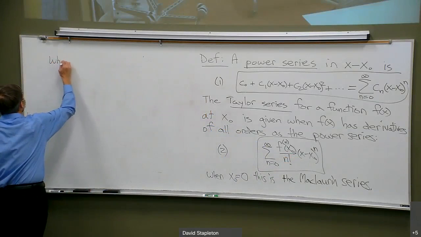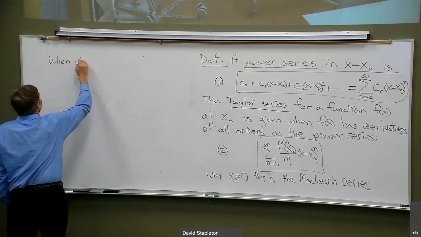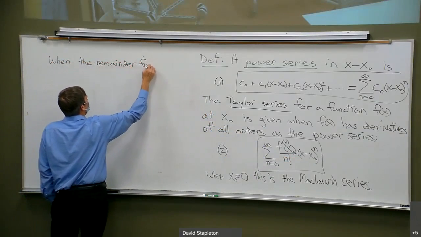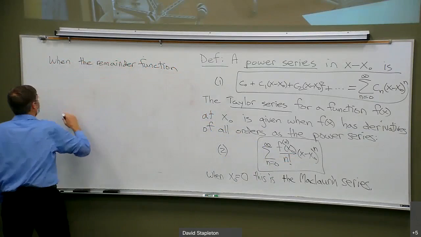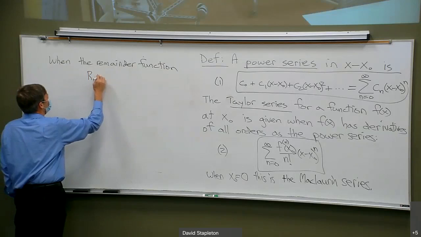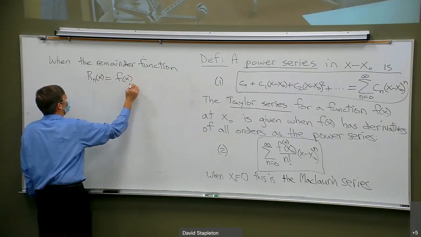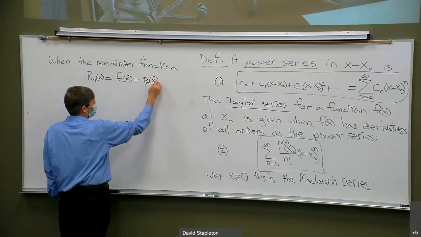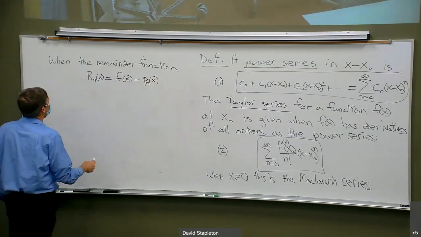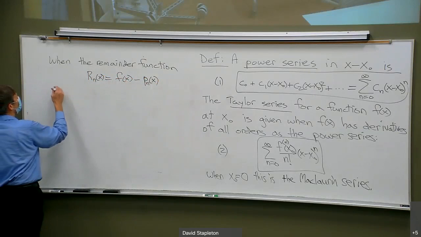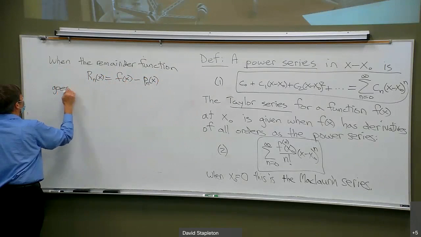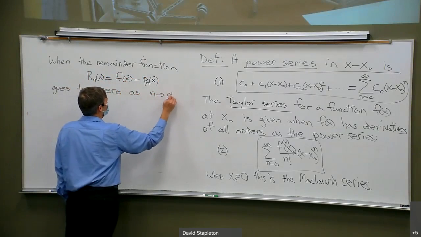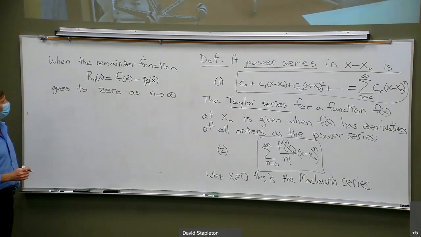So when the remainder function, remember last time was R_n of x, was f of x minus the nth polynomial, Taylor or Maclaurin, goes to 0 as n goes to infinity, what happens?